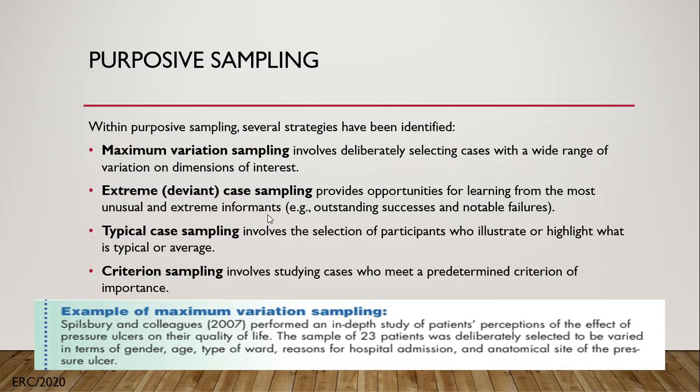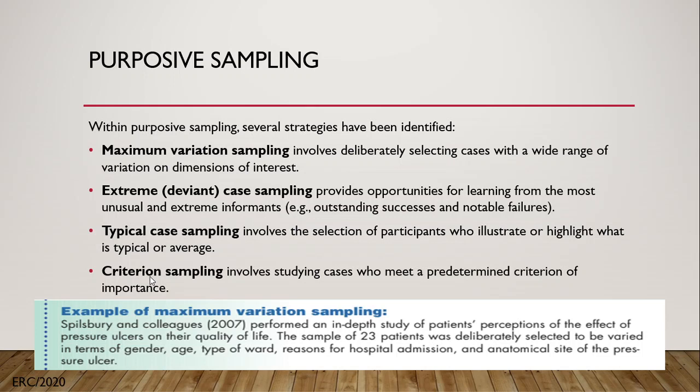For example, outstanding successes and notable failures. Okay, typical case sampling involves the selection of participants who illustrate or highlight what is typical or average. The criterion sampling involves studying cases that meet a predetermined criterion of importance.